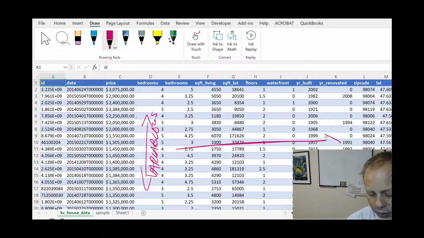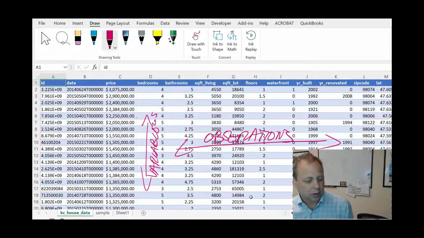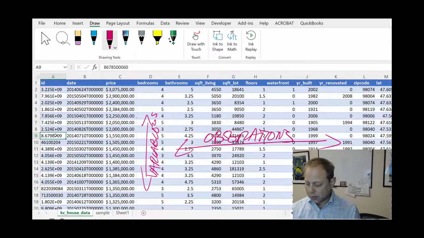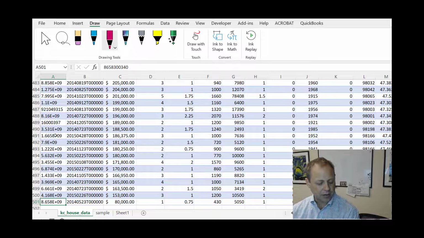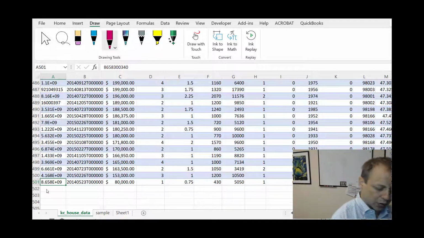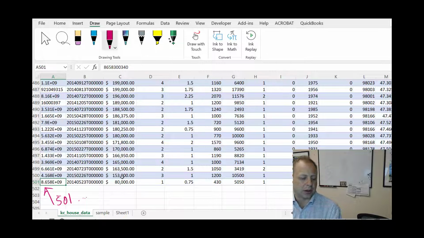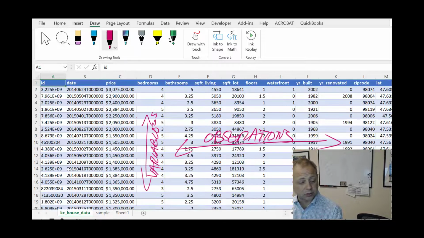And my rows are my observations. I have 500 observations. Note that down here at the bottom it says 501, but since my first row is variable titles, right, ID, date, price, etc., then I only really have 500 observations.